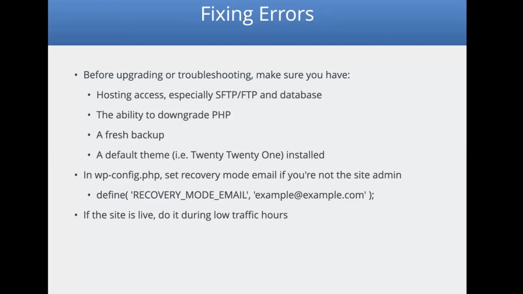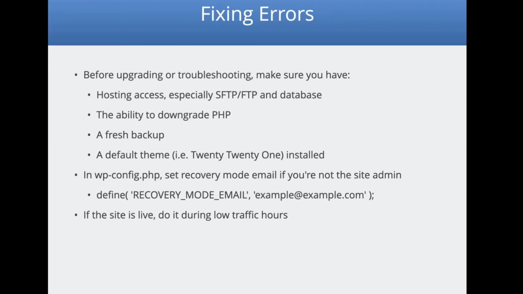So SFTP is if you need to deactivate a plugin and you can't get into the backend, then you can do it by renaming the plugin folder. The database, you probably don't need to do it if it's a PHP issue, but it's a good idea always to have access to that if you're doing development.